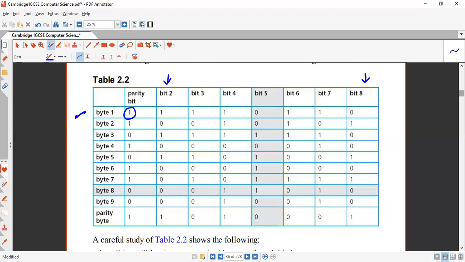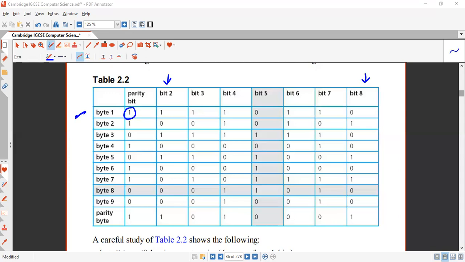You do not need to count the parity bit because it's an additional bit. So how many ones are there? 5 ones. Great. So is this byte correct or wrong? Correct.